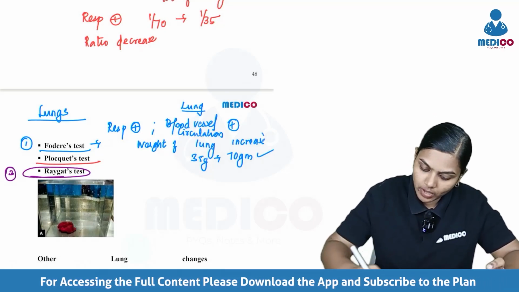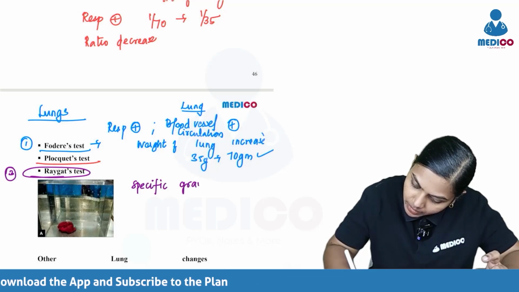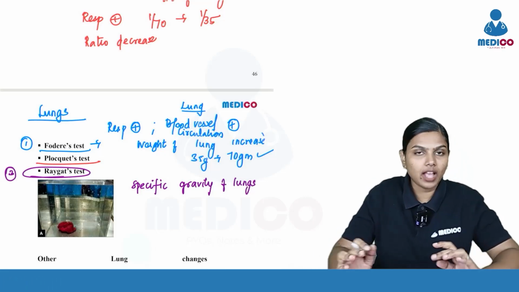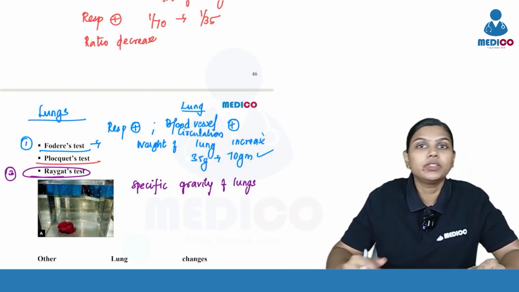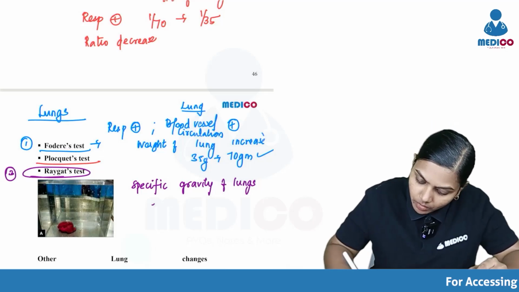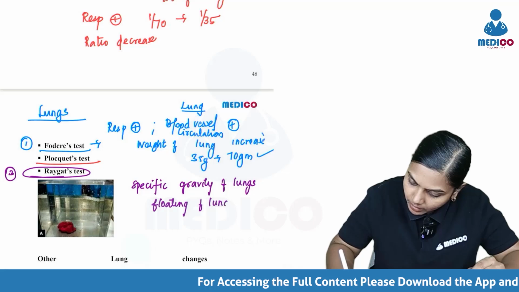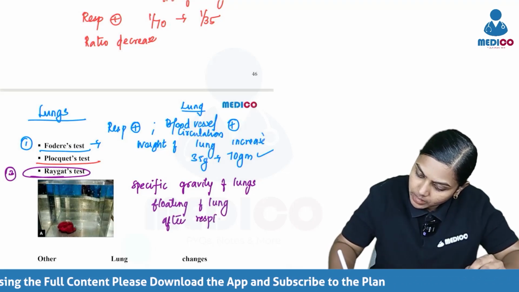What we look for is the specific gravity of lung. Once respiration happens, the specific gravity of the lung will change, which will result in the floating of lung after respiration happens.